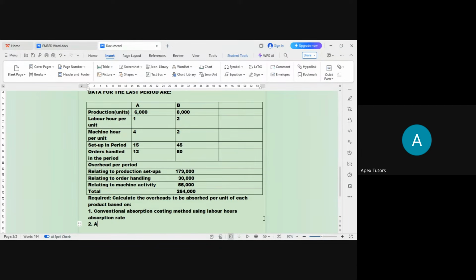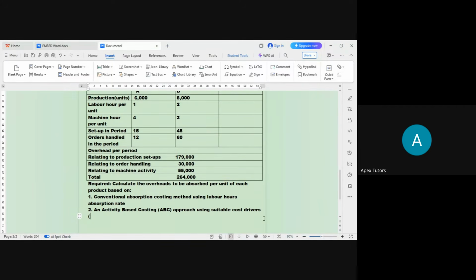And two, an activity-based costing, that is ABC, approach using suitable cost drivers.